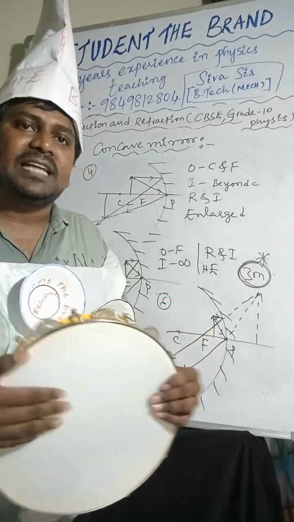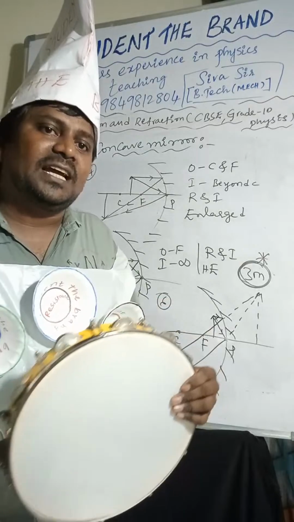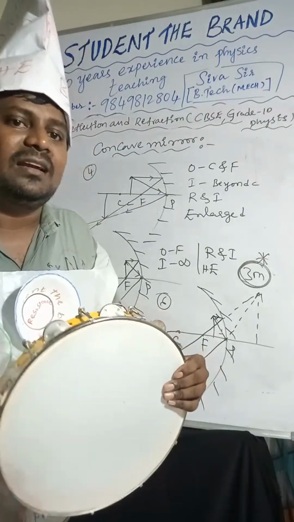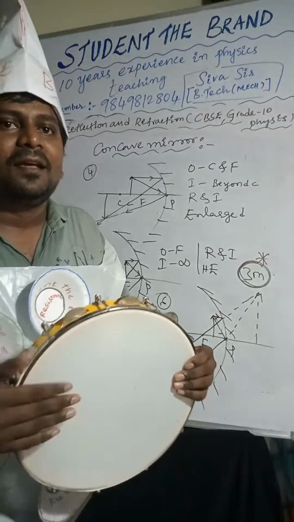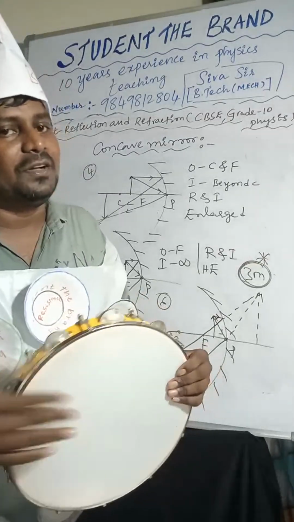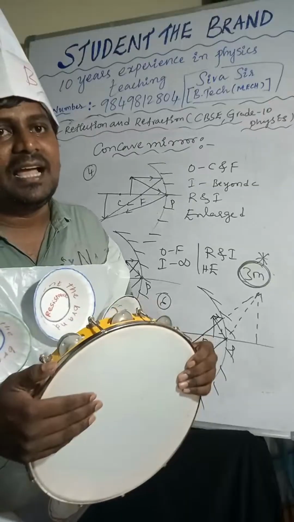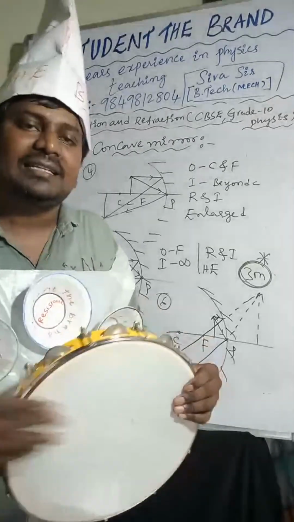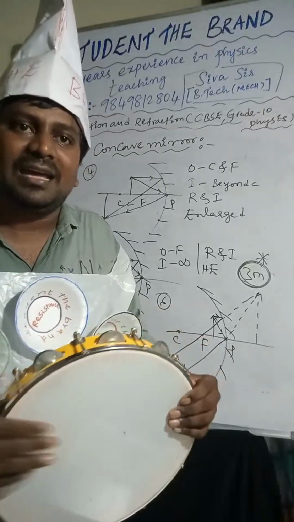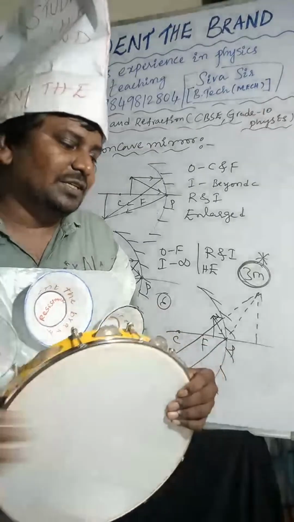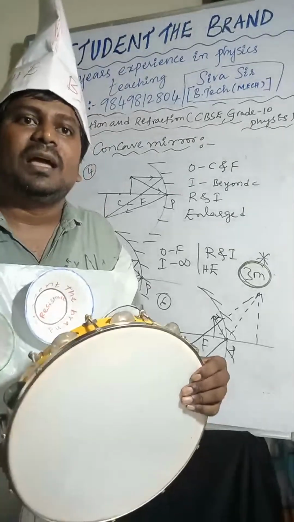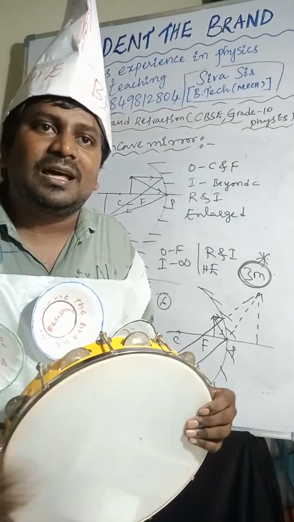New Cartesian sign convention. All distances are measured from the pole. Distance is positive along the incident ray direction. Distance is negative opposite to the incident ray. Distance is positive above the principal axis.